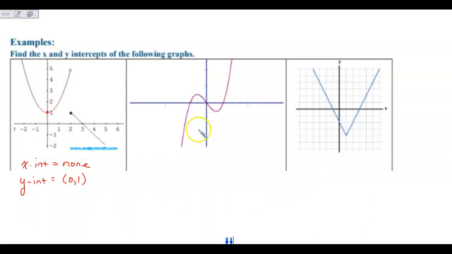When I look at this one, I see that it's a wavy line. And one of the first things I notice is that it's crossing the x-axis at 3 points. So it has 3 x-intercepts. So the first one would be at, well, let's call this A, so at (A, 0), and at (0, 0), and again, let's call this one B, at (B, 0).